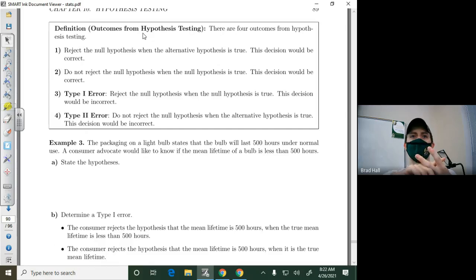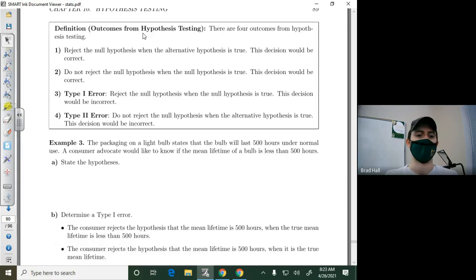Now, those are the two best case scenarios, but you can make errors because at the end of the day, you don't necessarily know what may be true or may not be true. I mean, it happens in court cases all the time. Innocent person's found guilty, guilty person's found innocent. Now, a type 1 and a type 2 error are ways of looking at this.